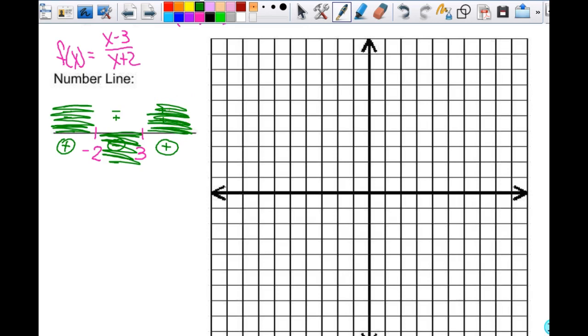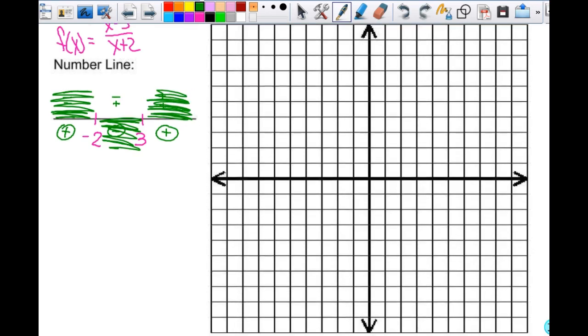Then I'm going to go over here and graph everything I can graph so far. Let's see, I have point discontinuity at negative 1, negative 4. So I'm going to put an open circle there. Then I have a 0 at 3. And I have a vertical asymptote, x equals negative 2, and a horizontal asymptote at y equals 1.